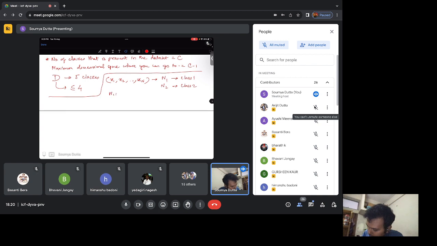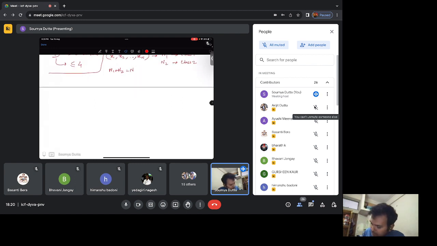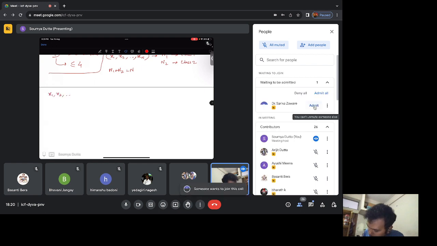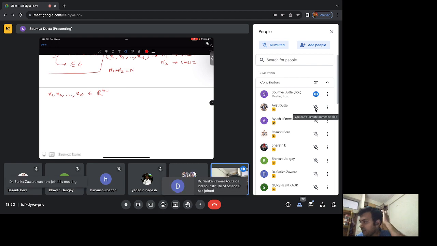And n1 plus n2 is of course equal to n. Suppose all these x1, x2 up to xn belong to R of m, the m dimensional vector space.